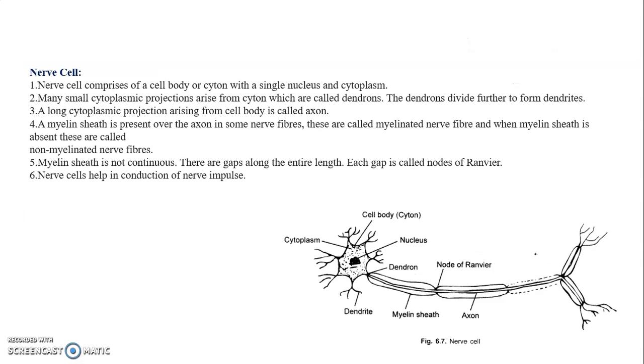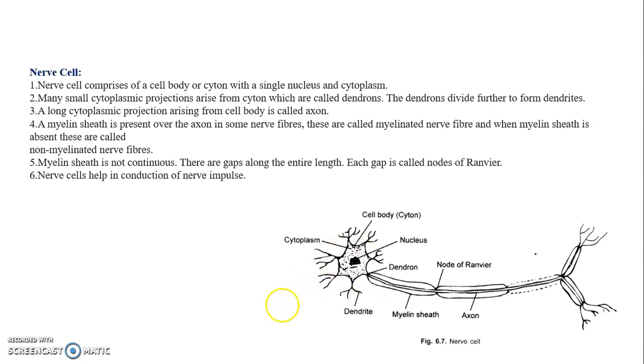Now we come to the nerve cell. A nerve cell comprises a cell body like this, which is called the cyton, with a single nucleus in the central position along with the cytoplasm. Many small cytoplasmic projections arise from the cyton, which are called dendrons. The dendrons divide further to form dendrites.